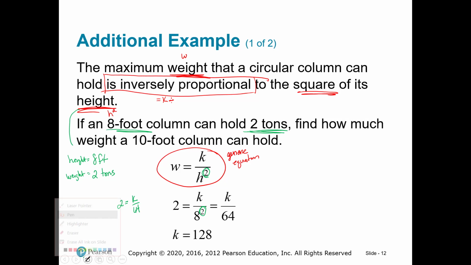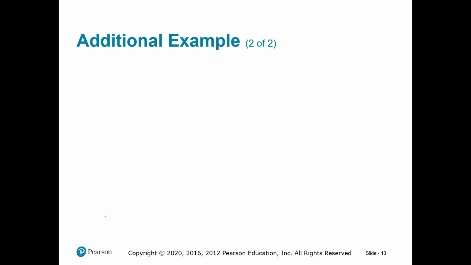And if you're not, multiply both sides by that 64, which is how they get this next line. Please remember, always do these little steps if you need them. Got it. All right, so I got the k, which means I can write the specific equation now. This is the specific equation. Now that I've got my constant, I have the specific equation.